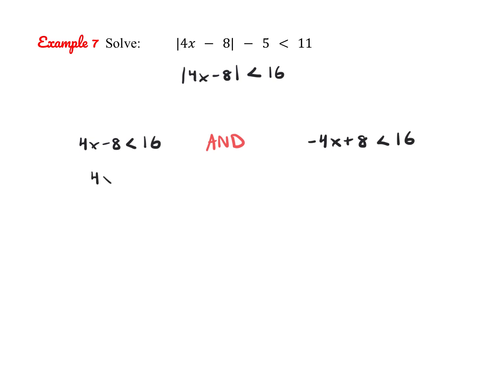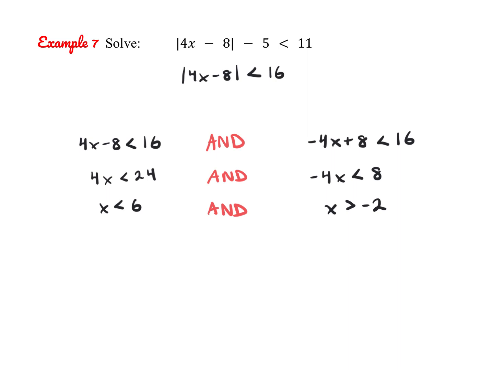So we have 4x is less than 24, x is less than 6, and here negative 4x is less than 8. And here, be careful, we're dividing by negative, so it becomes x is greater than negative 2. So again, all of these are ands. So now we need the region that is less than 6 and greater than negative 2.